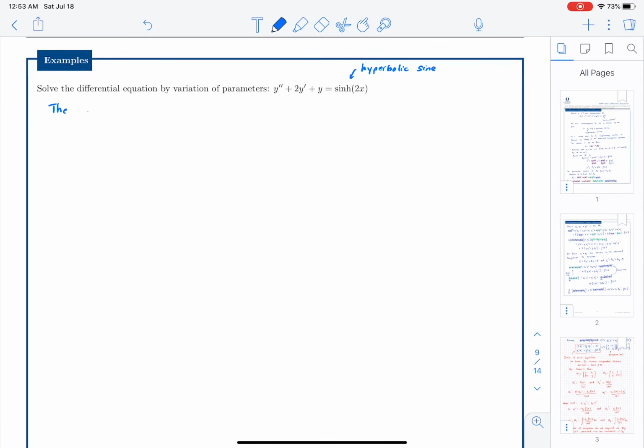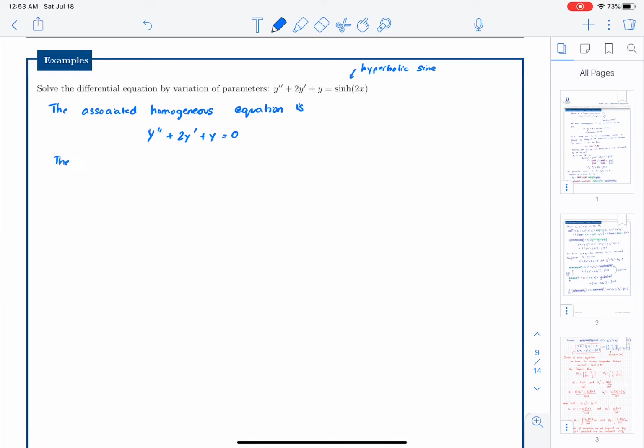So the associated homogeneous equation is y double prime plus 2y prime plus y equals 0.